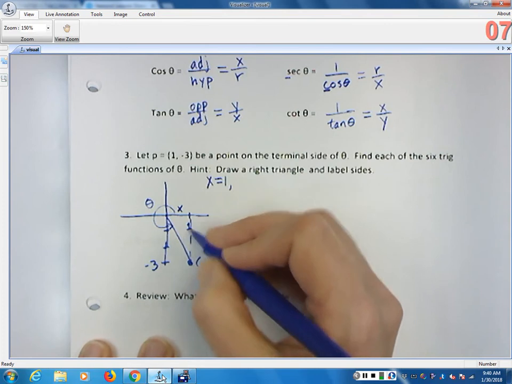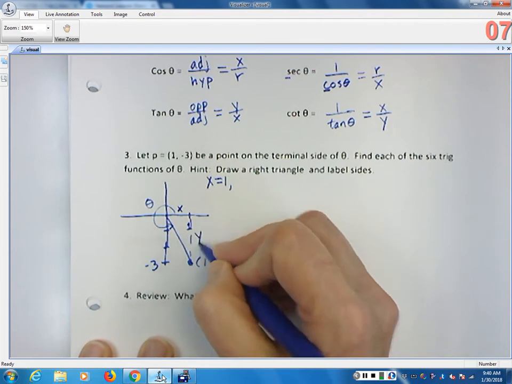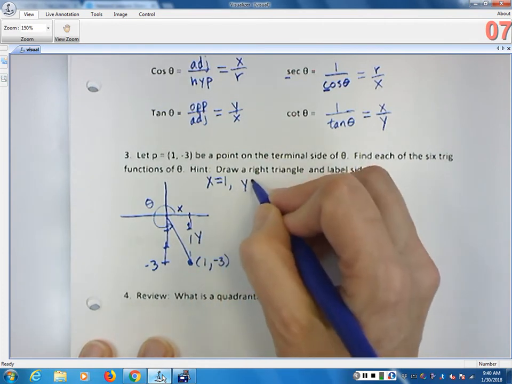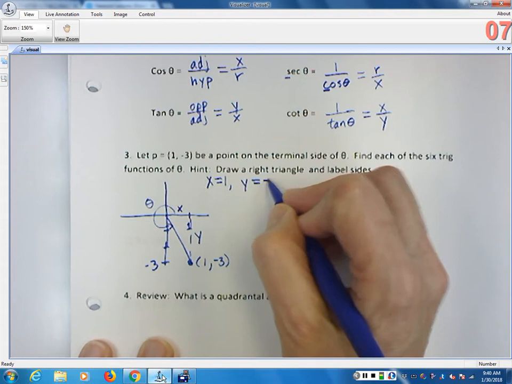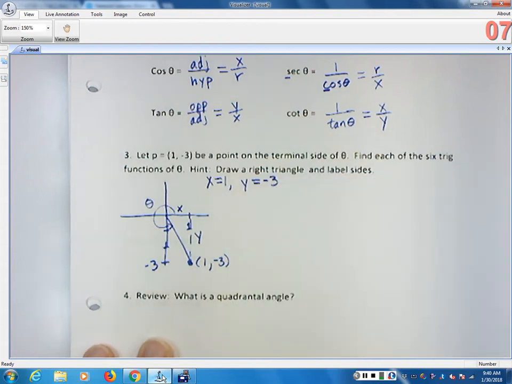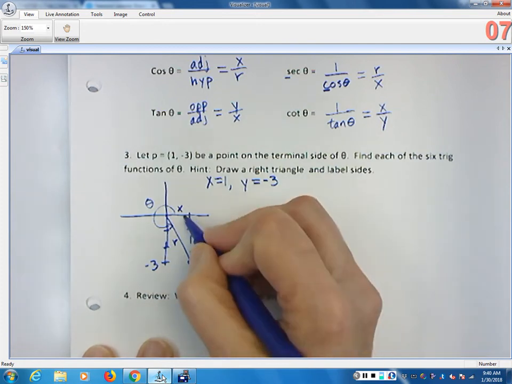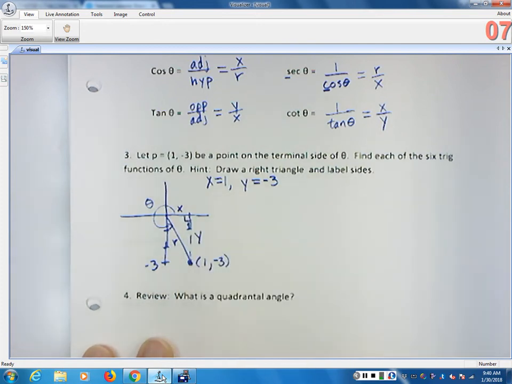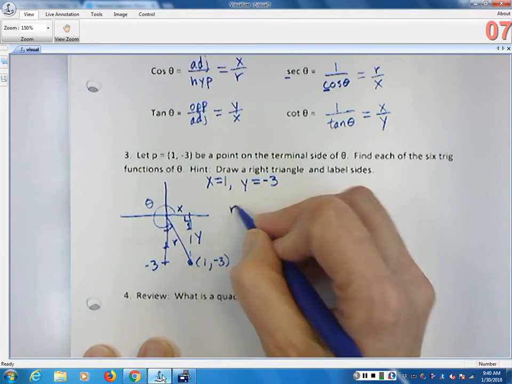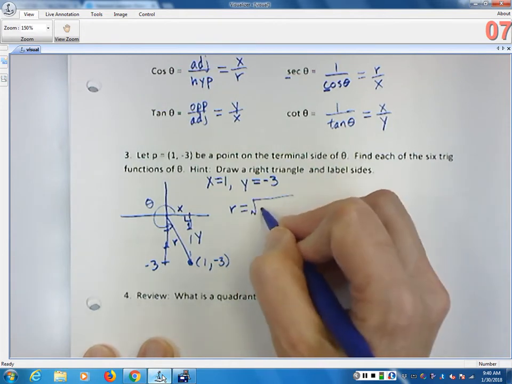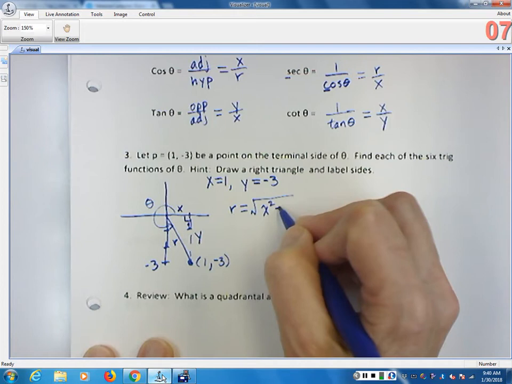And our y is -3. And then we have an r. We have to find r using the Pythagorean theorem. So r is the square root of x squared plus y squared.